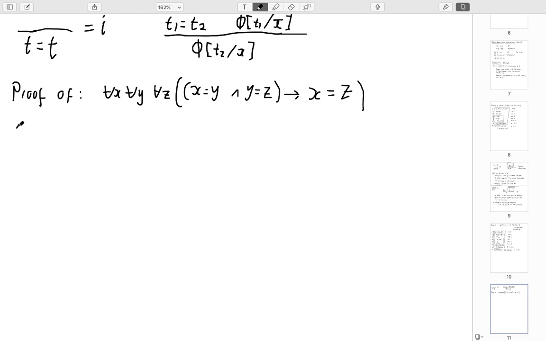So step one, I'm going to introduce, and actually this time I'm just going to use the same variables. We'll see that that's okay. So I'm going to here introduce arbitrary variables x, y, and z.